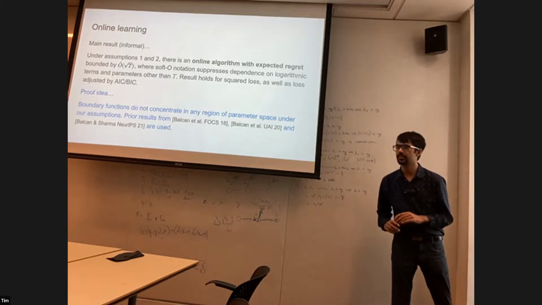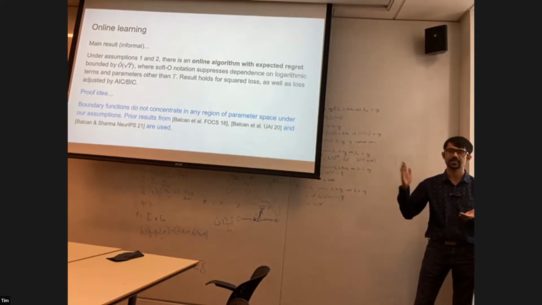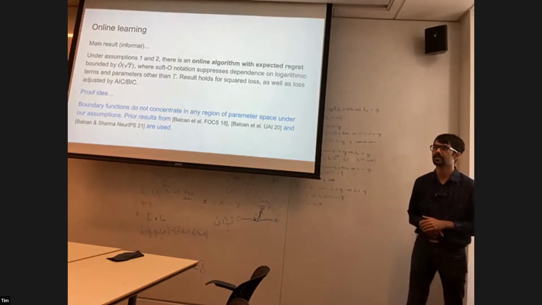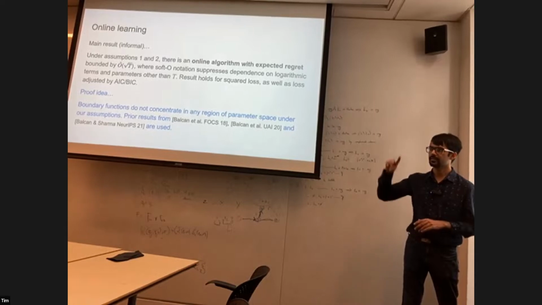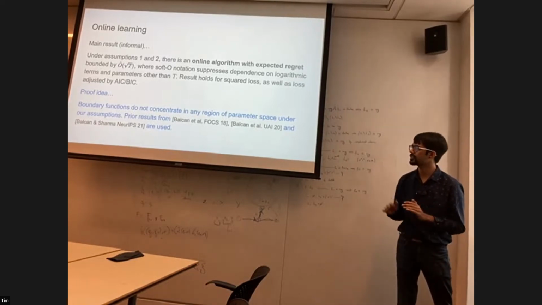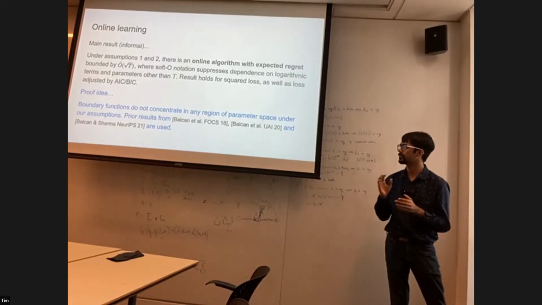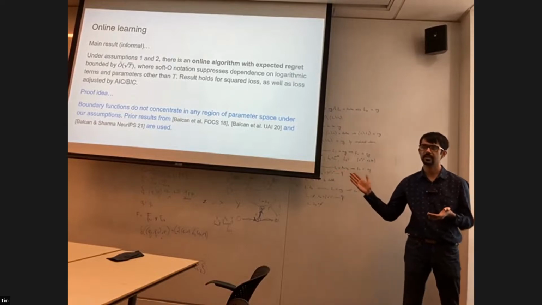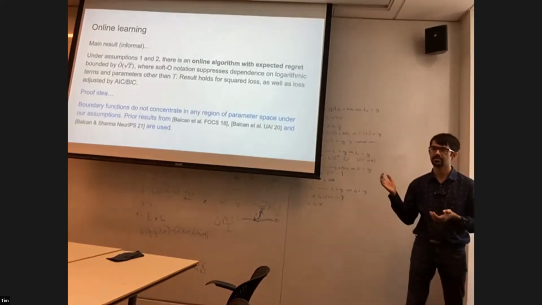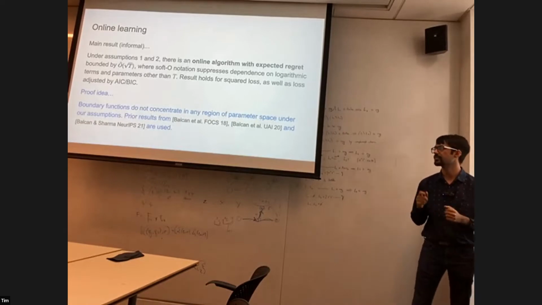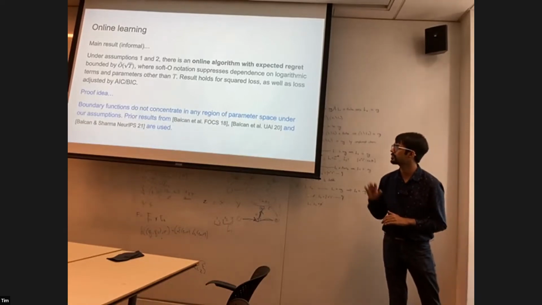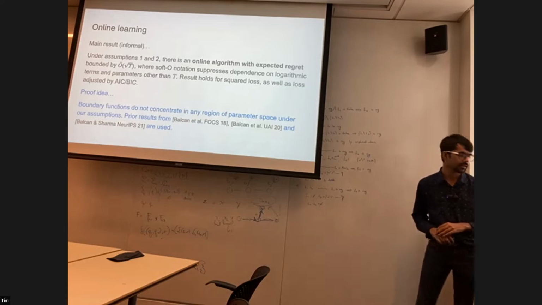So essentially, what we want to show is that if you consider several problem instances, you have to remember those piecewise functions and their boundaries. We essentially show that over several instances, if your yi's are smooth, the boundaries do not concentrate too strongly in any region of the parameter space.